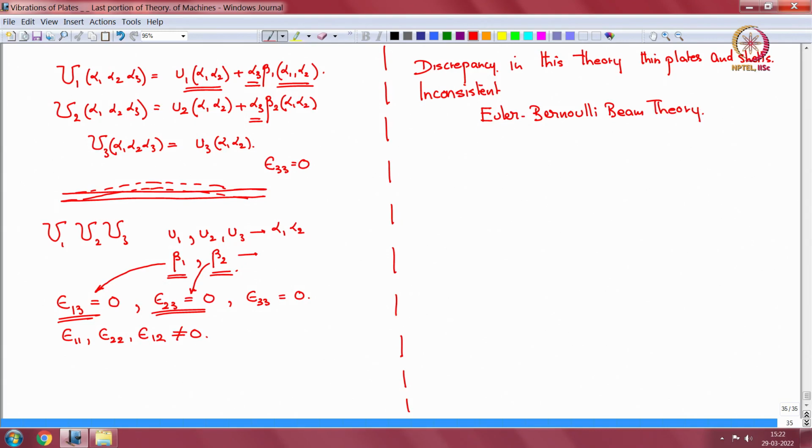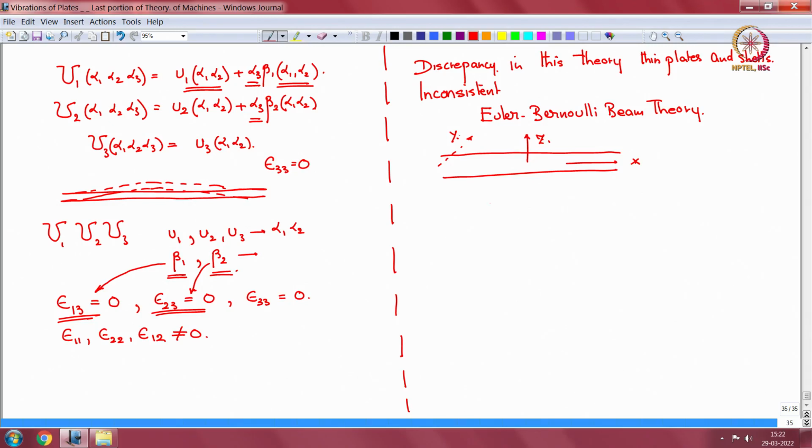So what is the displacement form? If you have an Euler Bernoulli beam, and that happens to be the z direction, and this happens to be the x direction, and into the plane, into the board, is the y direction.